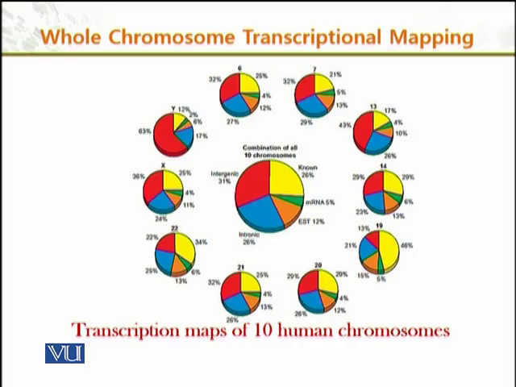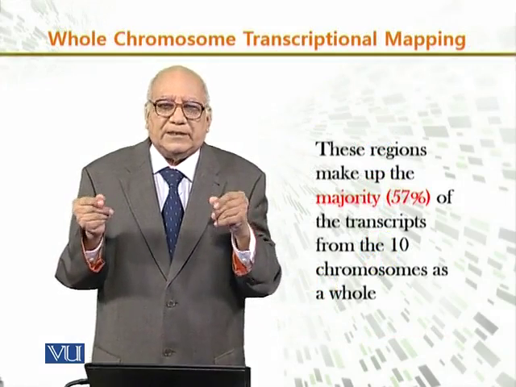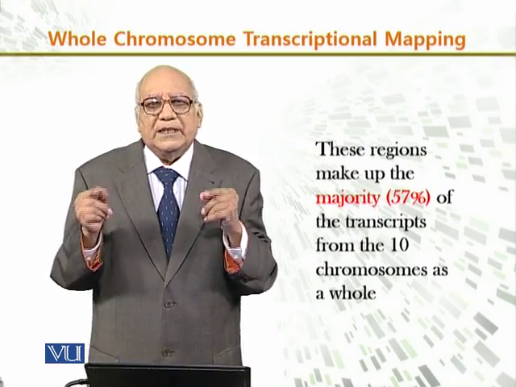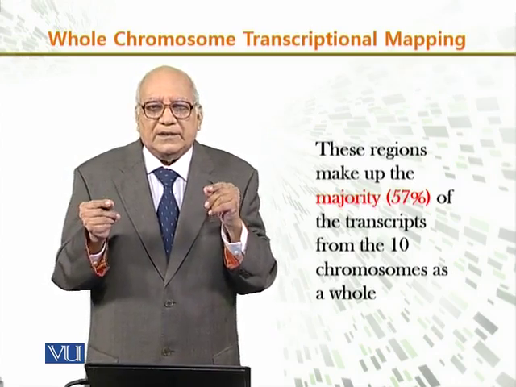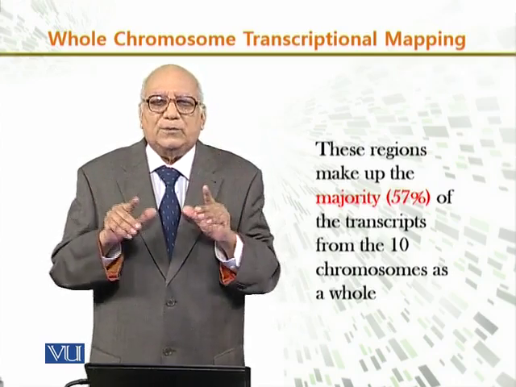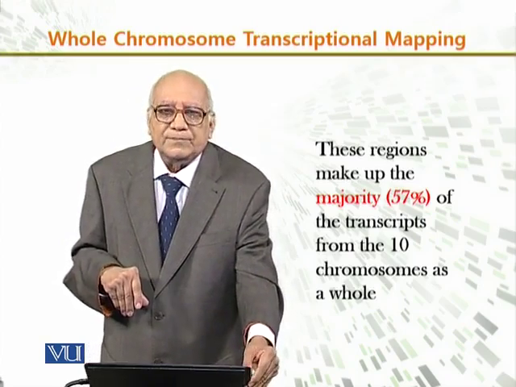Now, these regions make up the majority, that is 57% of the transcripts from the 10 chromosomes as a whole. How much? 57% of the transcripts from the 10 chromosomes are made by these regions.